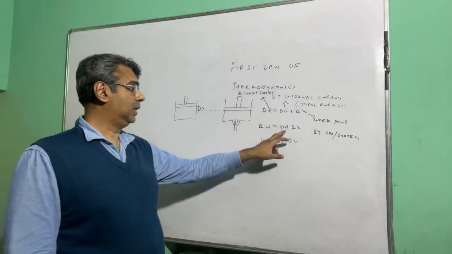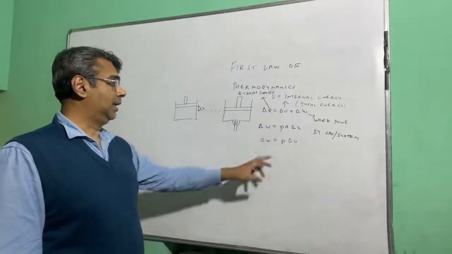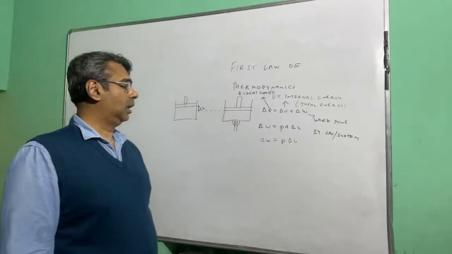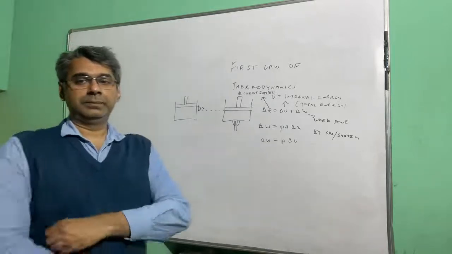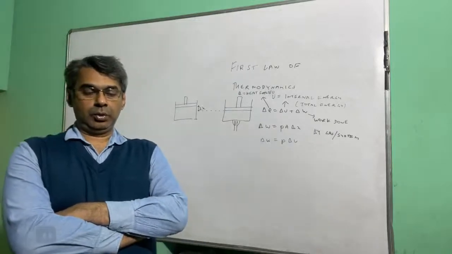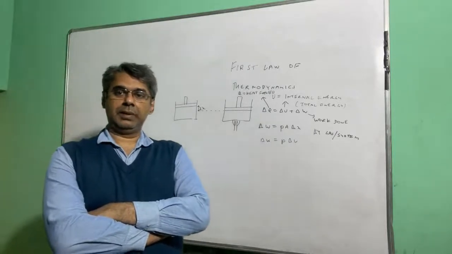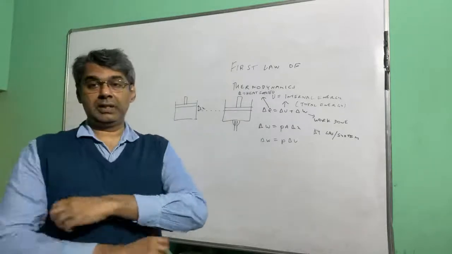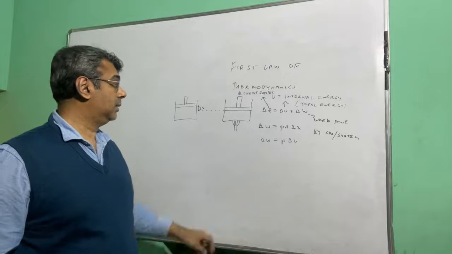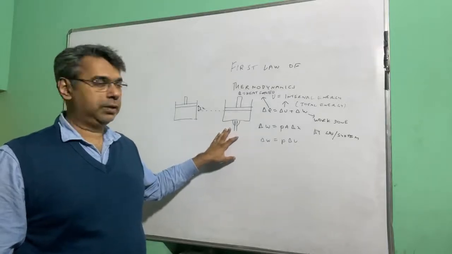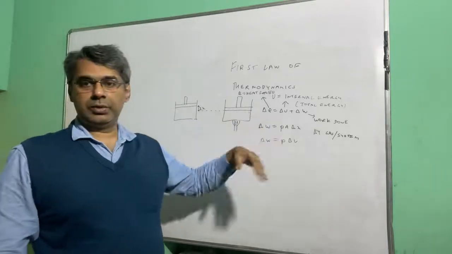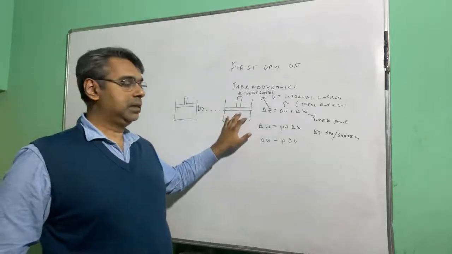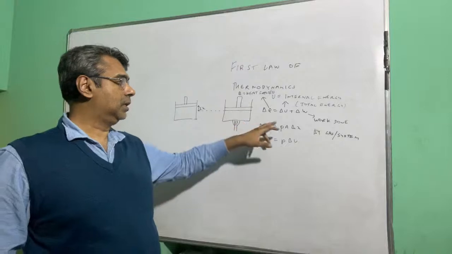So delta W is P into A into delta x, and A into delta x is the change in volume, delta V. According to the first law of thermodynamics, the total energy of the system will be conserved. That means if you are supplying some heat, delta Q, then partly it will be used to increase the internal energy, that is delta U. The rest will be used by this gas to do work on the piston, that is delta W.